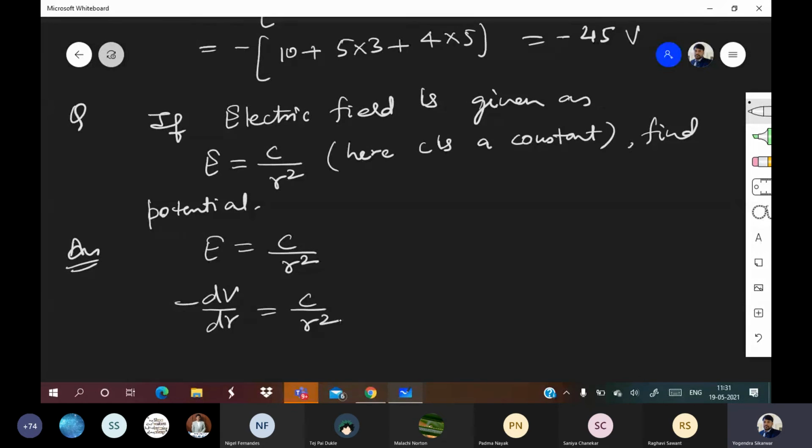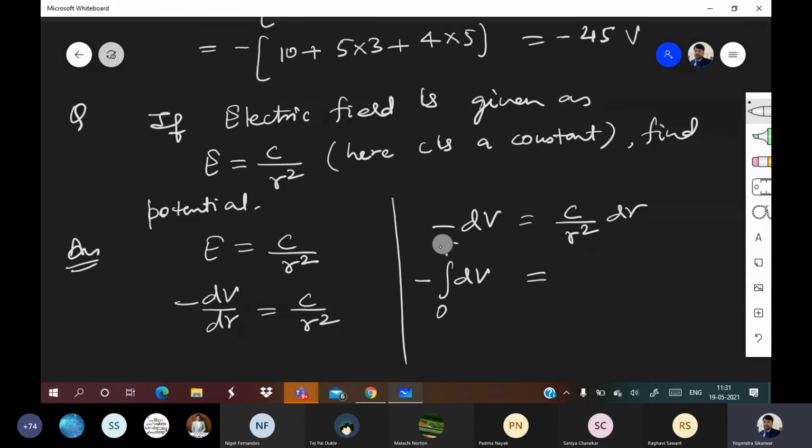So what you can write further is minus dV is equal to C upon R square into dr, right? So integration of minus dV, and that will be from 0 to V basically, and C is outside, integration dr upon R square.